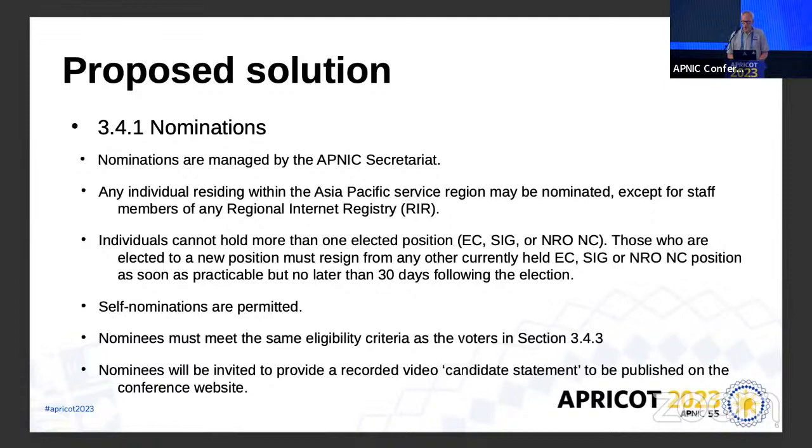Those who are elected to a new position must resign from any other currently held EC, SIG, or NRO NC position as soon as practicable, but no later than 30 days following the election. Self-nominations are permitted. Nominees must meet the same eligibility criteria as the voters in section 3.4.3. Nominees will be invited to provide a recorded video candidate statement to be published on the conference website.